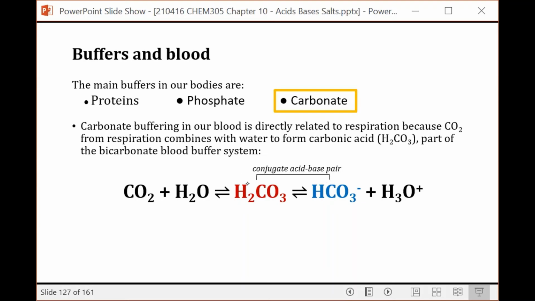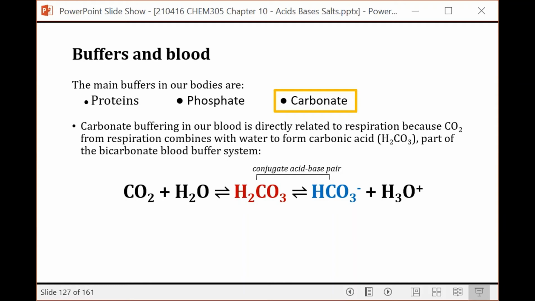So when carbonic acid ionizes, it forms the conjugate base, bicarbonate, and hydronium ions. We can increase the concentration of carbonic acid in our bodies by altering the concentration of CO2. And we alter the concentrations of CO2 by our respiration rate.